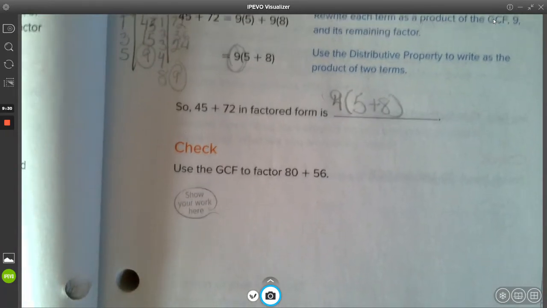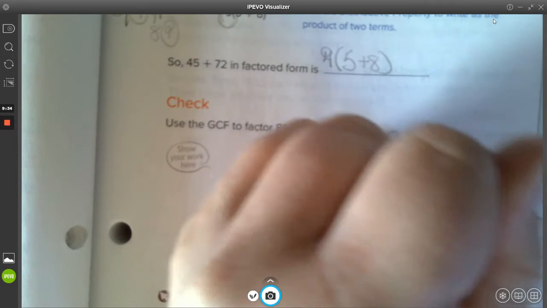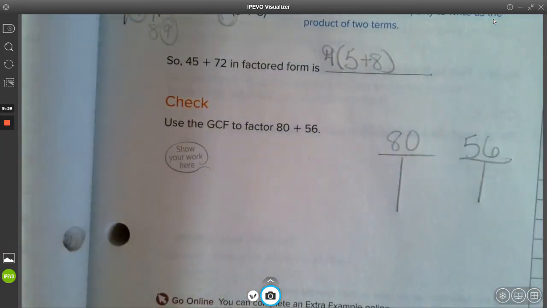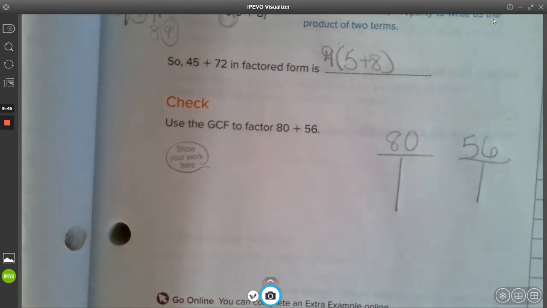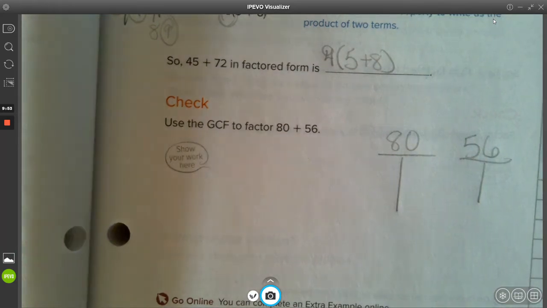Let's do the same thing with 80 and 56. Remember, start by making your t-chart of greatest common factors of 80 and 56. That T helps us to organize our thoughts. Okay, so go ahead and pause here, and you will come up with the greatest common factor and factor this expression.